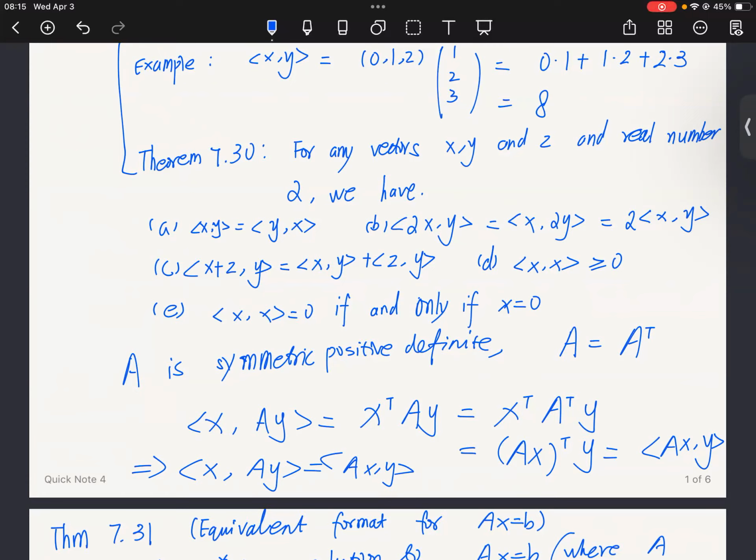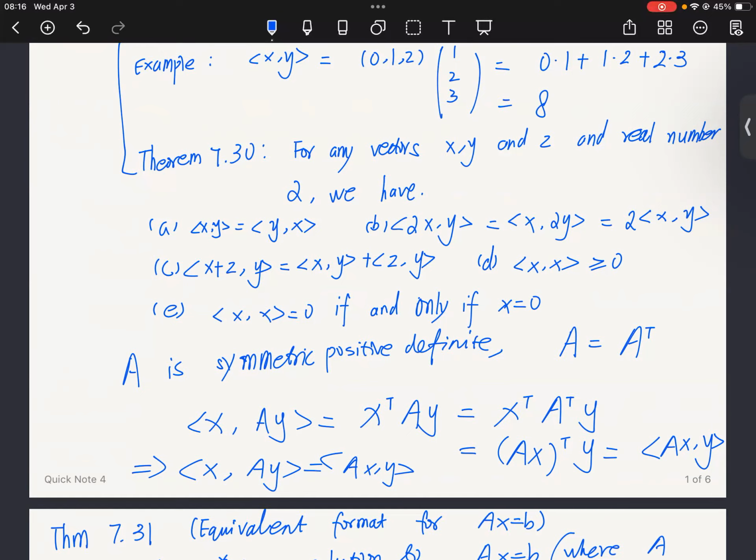Because A is symmetric, A transpose equals A. Using the transpose property, X transpose A transpose is just AX transpose, times Y, and by the definition of the inner product, this equals the inner product of AX and Y. So for this inner product, we can move the A matrix to the other component.